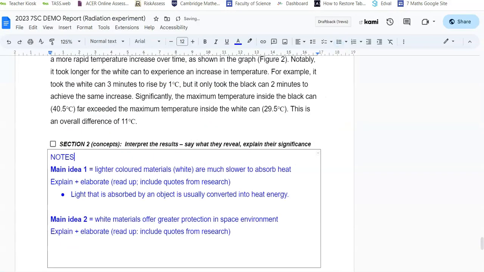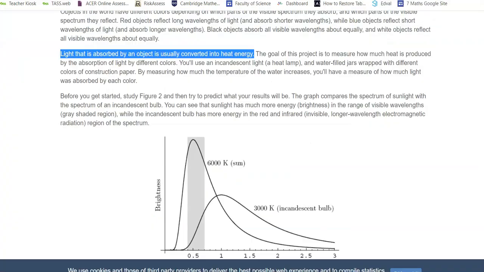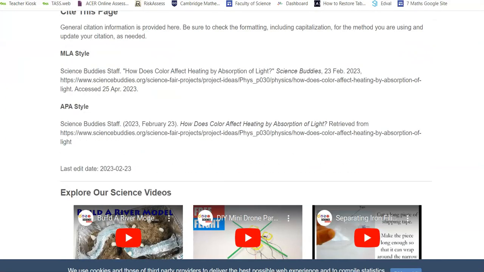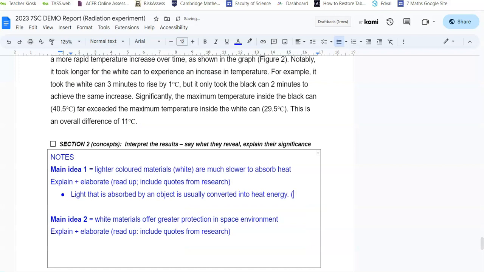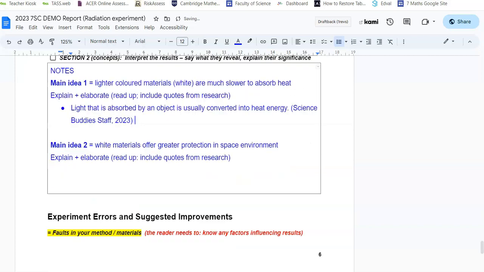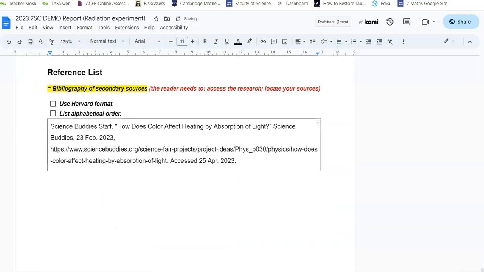I'm going to use that as a direct quote. I've just pasted it into my work. So I keep track of the sources I use as I research. This one was from Science Buddies, written in 2023.